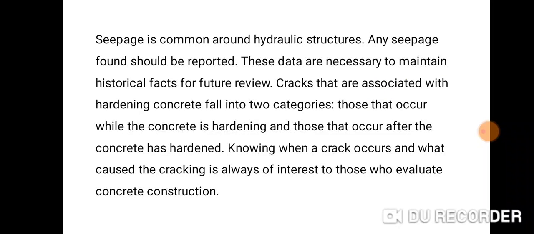Seepage is common around hydraulic structures. Any seepage found should be reported. These data are necessary to maintain historical fact for future review.